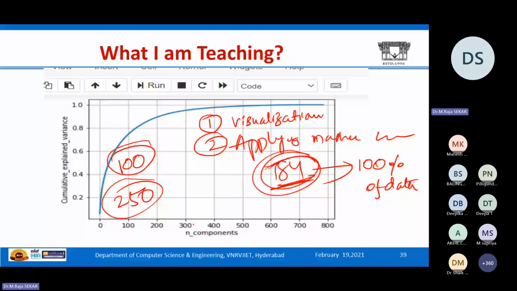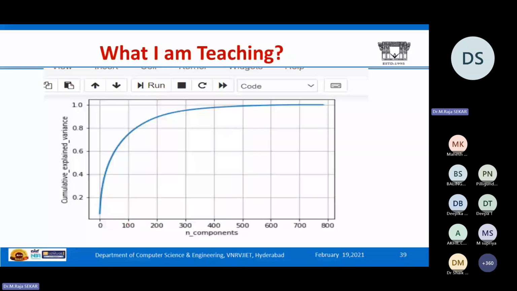Let me show in this graph. Let me say some 100. These are the principal components.